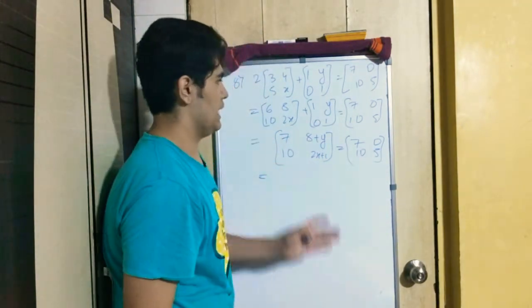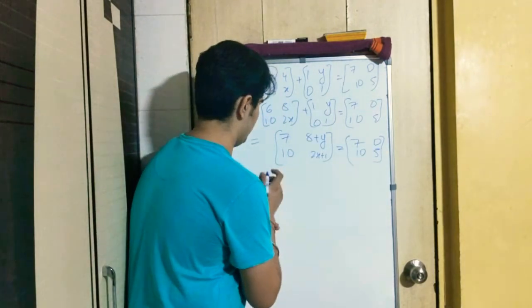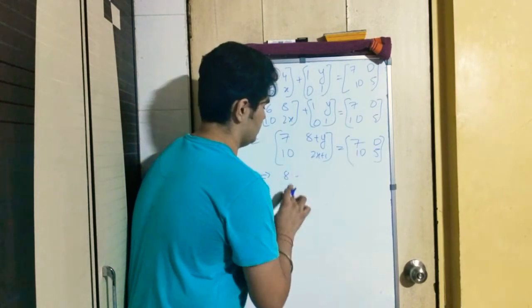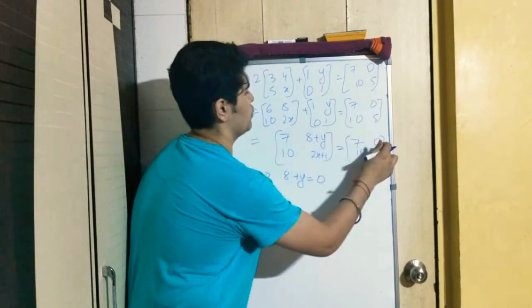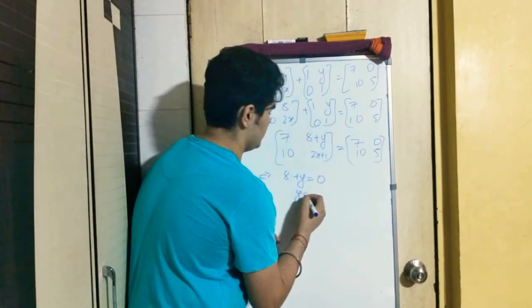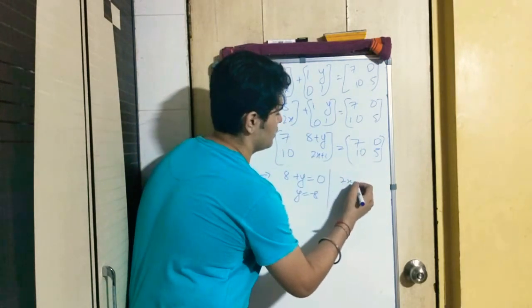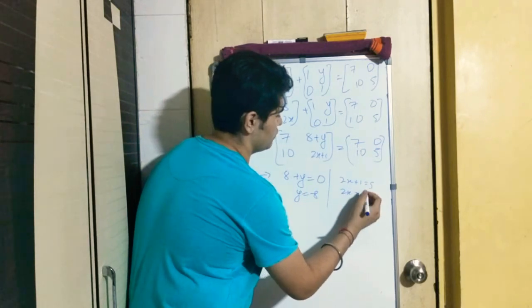So by equating both matrices, we get two equations, that is 8 plus Y is equal to 0, that is corresponding element. So Y is equal to minus 8. 2X plus 1 is 5. 2X is equal to 4.